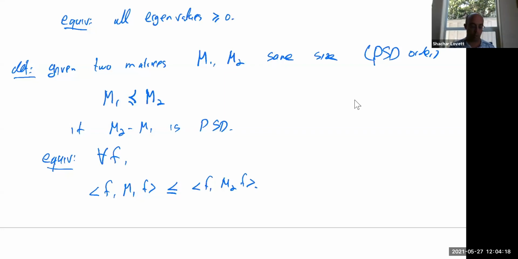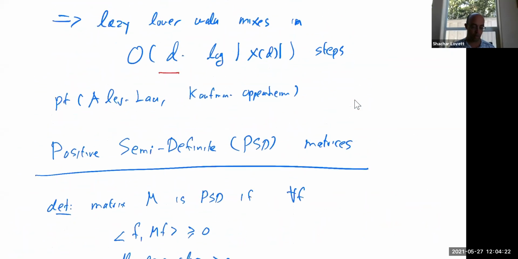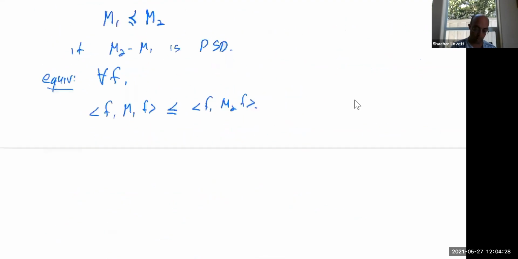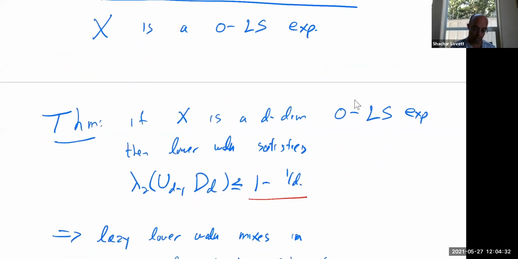And now we can use this to prove the theorem, this Alev-Lau theorem, that says that in any zero, well, one-sided, this is also always going to be one, but it cannot be zero two-sided, right? This is one-sided. Zero local spectral expander, the lower walk has a gap from one.